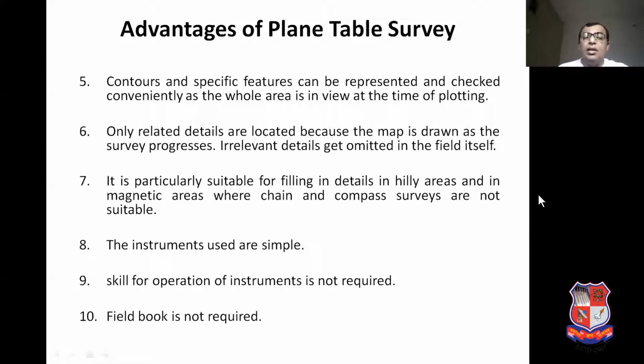Number 8, instruments used for the plane table surveying are very simple. Number 9, skill for operation of the instrument is not required at all. And last one, number 10, in plane table surveying, a field book is not required.